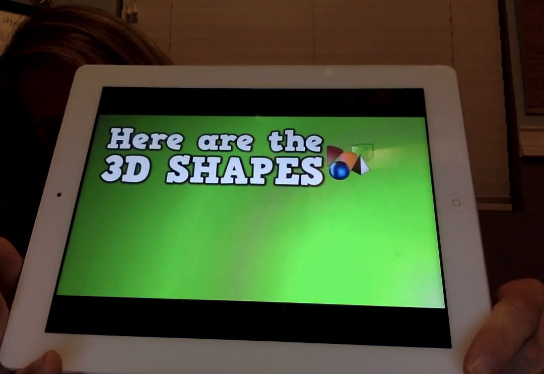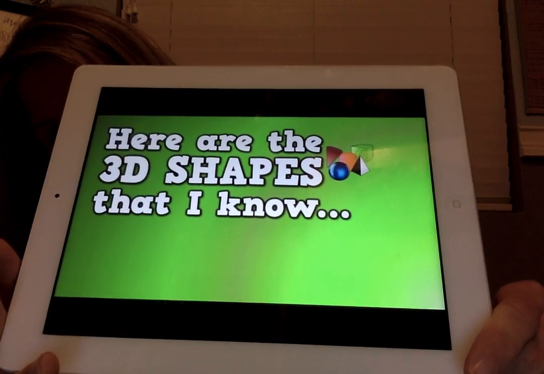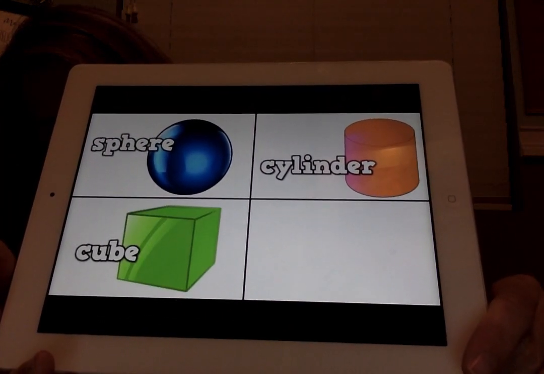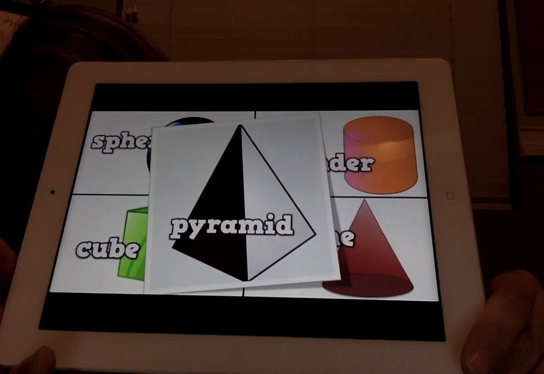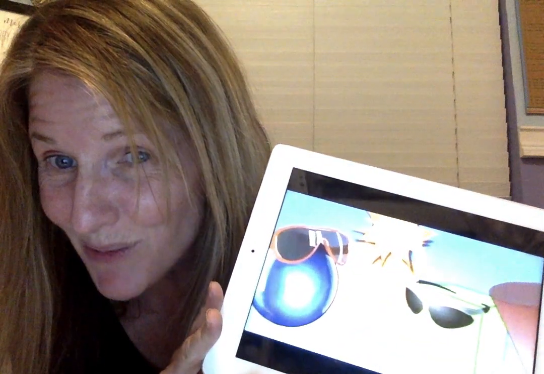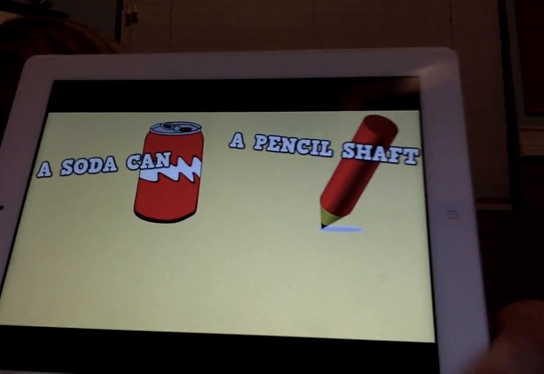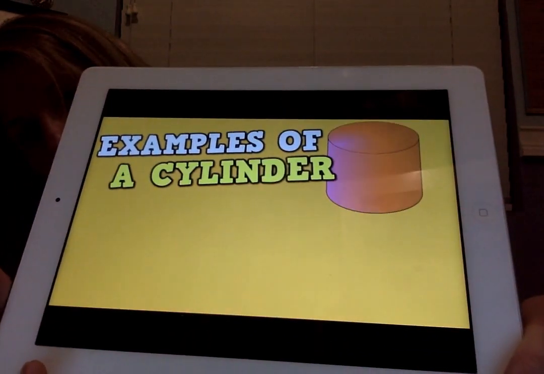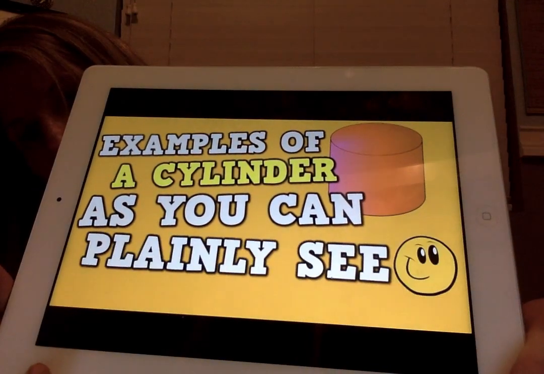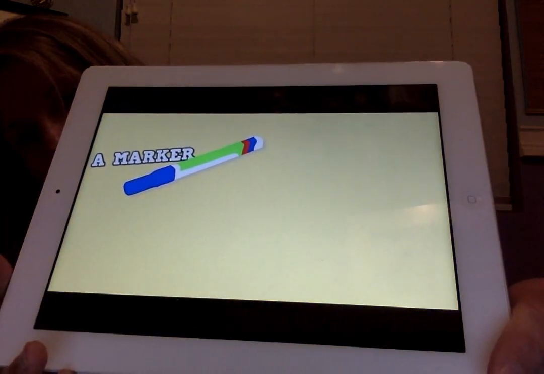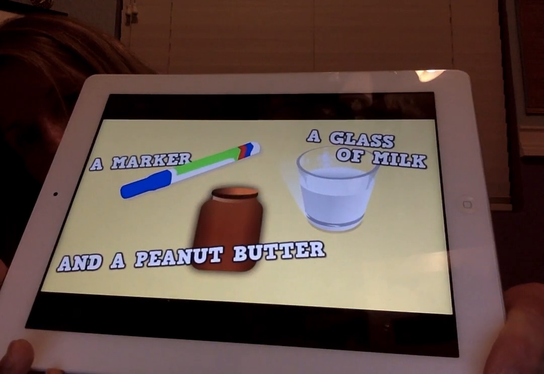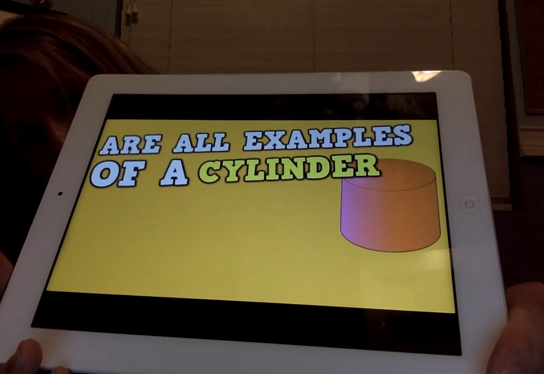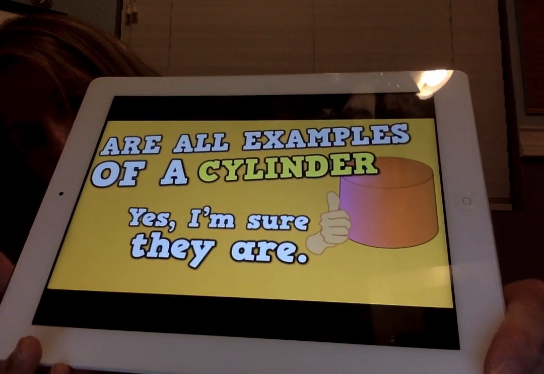Here are the 3D shapes that I know. A sphere, a cylinder, a cube, and a cone. And sing along if you want to. A soda can, a pencil shaft, and a can of soup would be examples of a cylinder, as you can plainly see. A marker, a glass of milk, and a peanut butter jar are all examples of a cylinder.